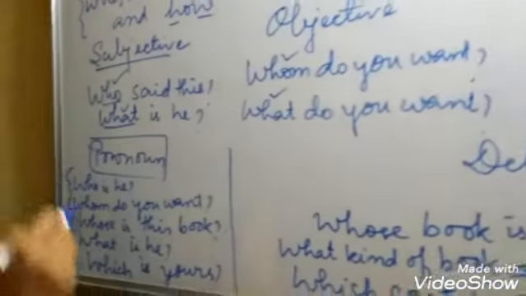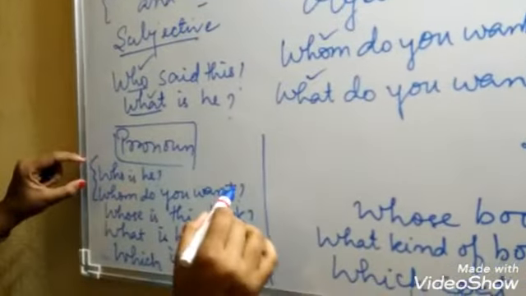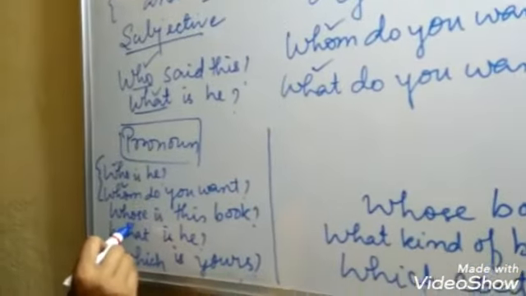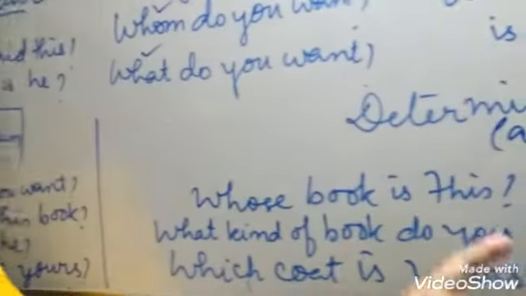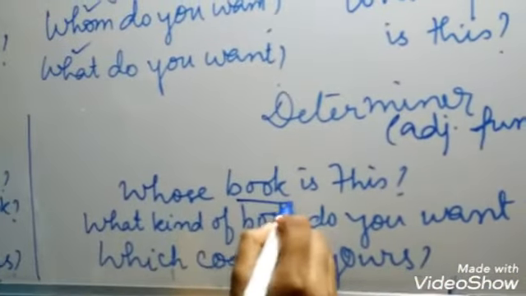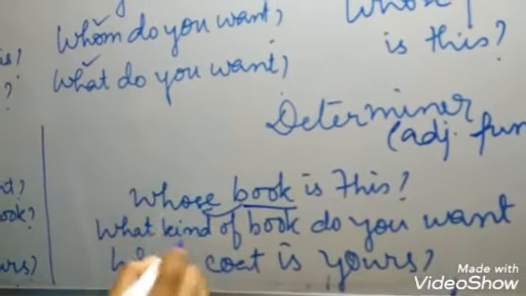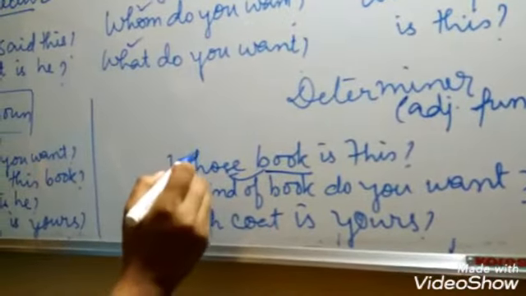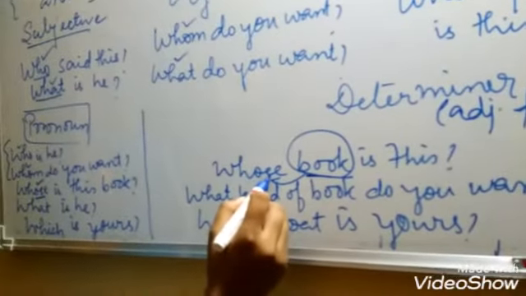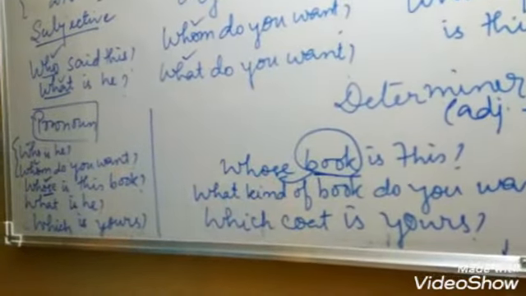But these two, who and whom, cannot function as determiners. But others can: whose is this book? Here it is acting as a pronoun, but in whose book is this, the word whose is acting like an adjective, a determiner, limiting the meaning of the word book. It is used just before book and it is acting as a determiner.